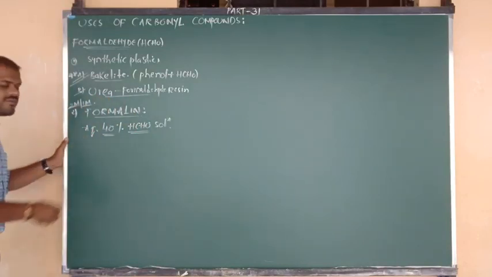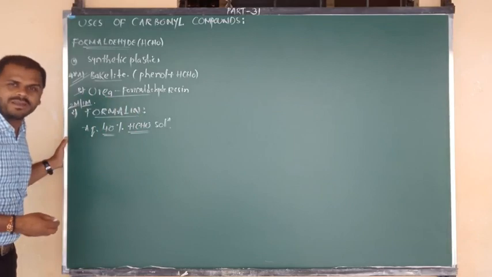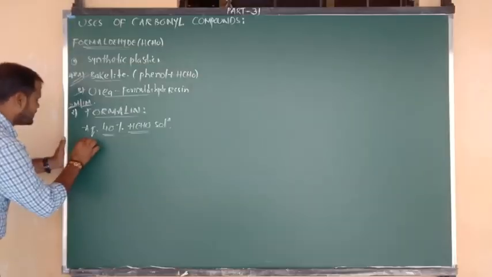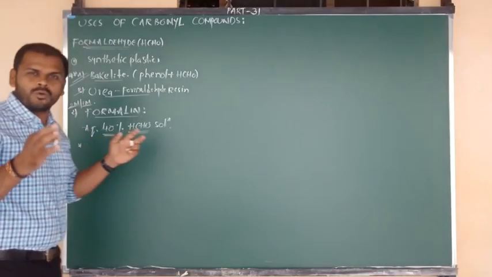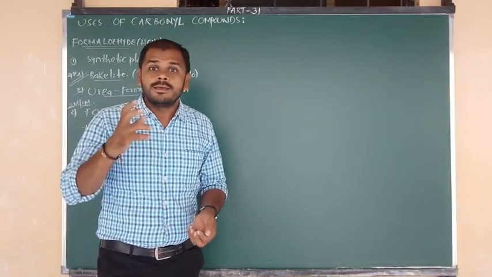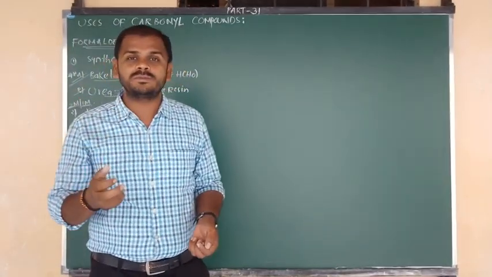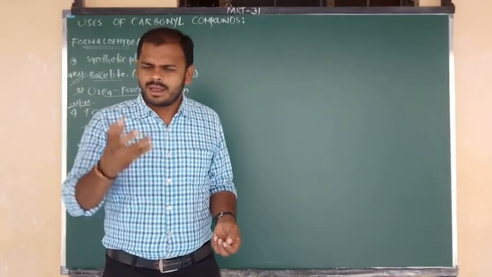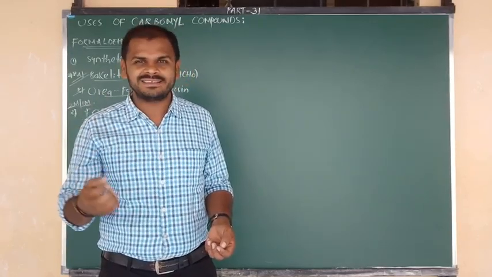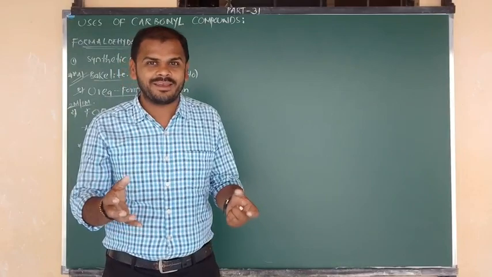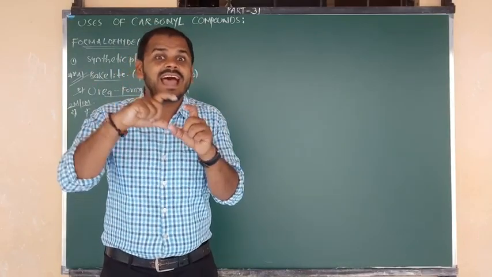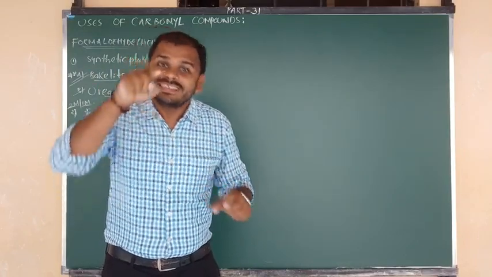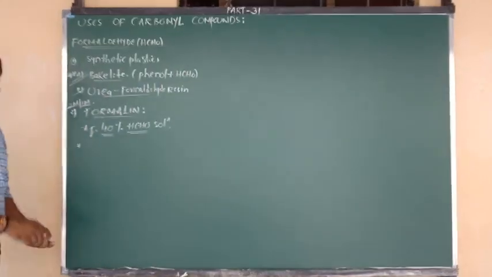Sir, what is the use of formalin? Why are we using formalin solution? In biology, in botany, there will be some biological specimens like embryos and plants. Generally they are stored in glass containers, inside which one solution will be there. Such a solution is nothing but formalin solution.